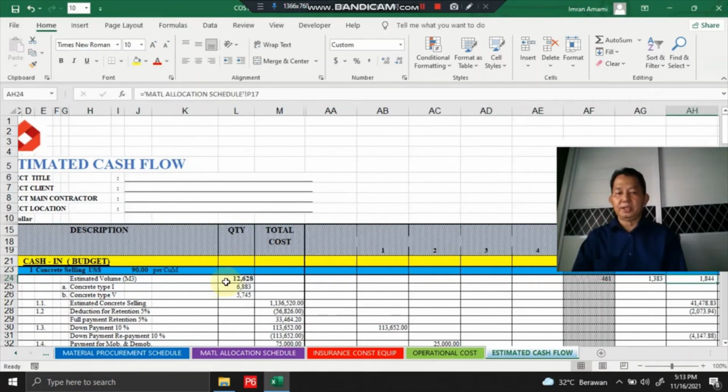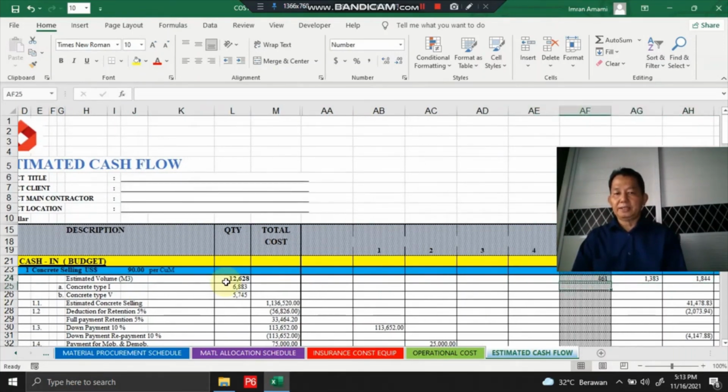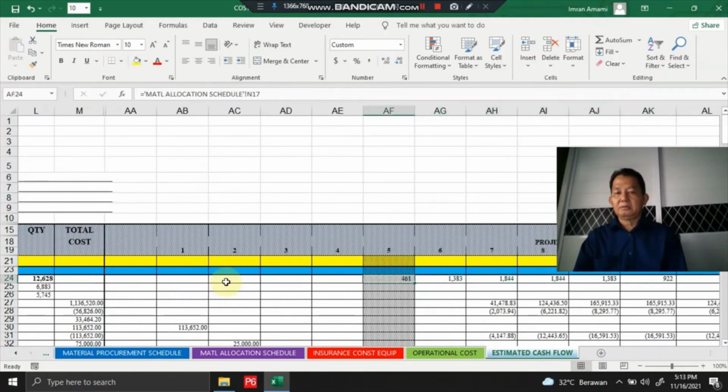So this is the concrete supply, this is the monthly concrete demand schedule, starting on the fifth month of this cash flow.